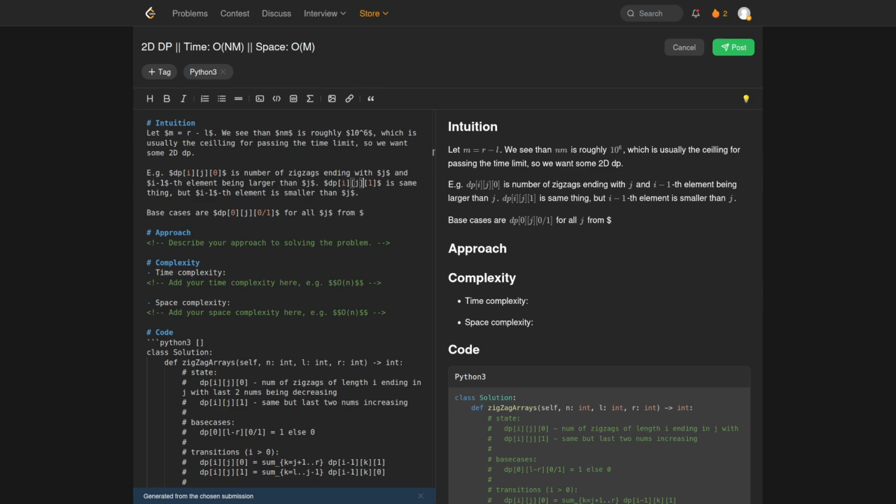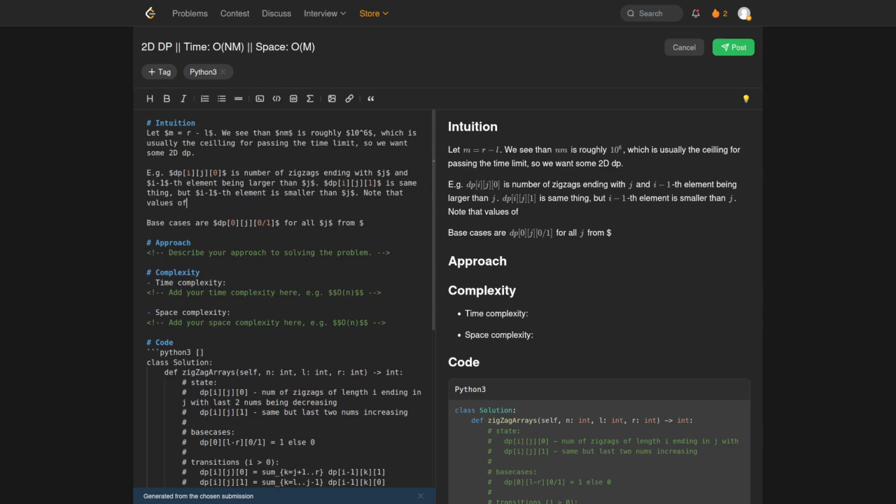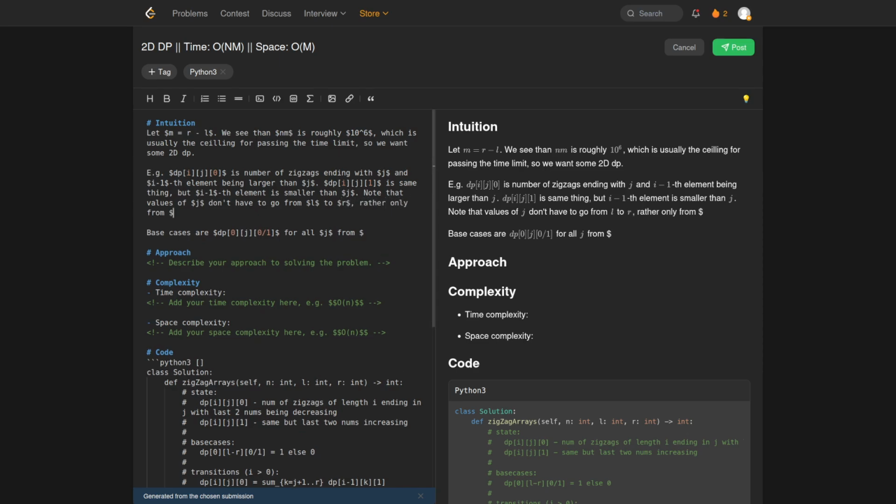Note that values of j don't have to go from L to R, rather only from 0 to R minus L. Base cases are for all j from 0 to m.